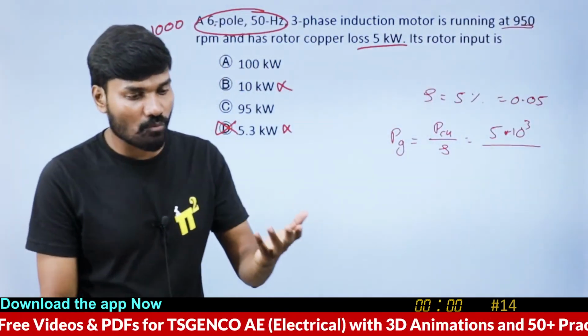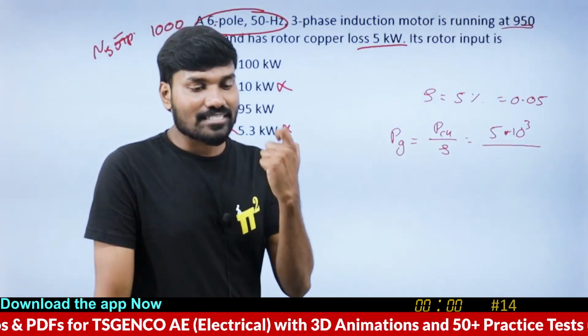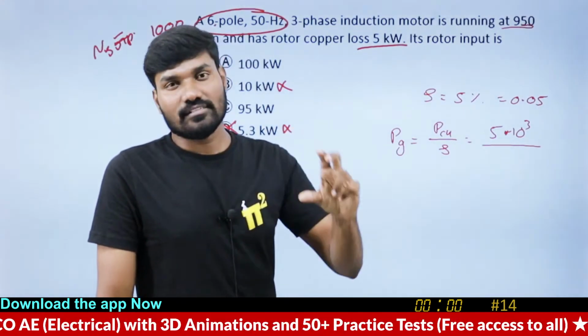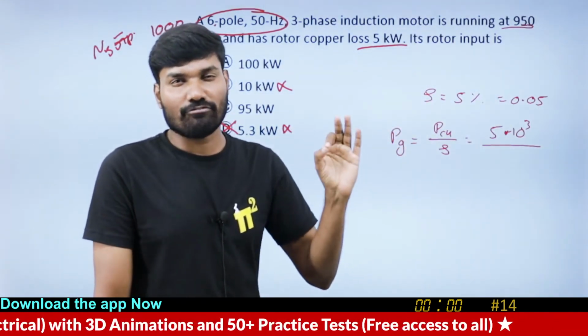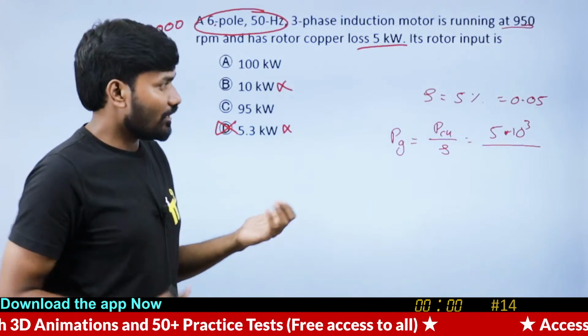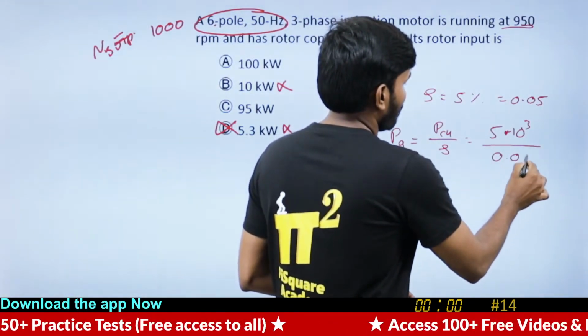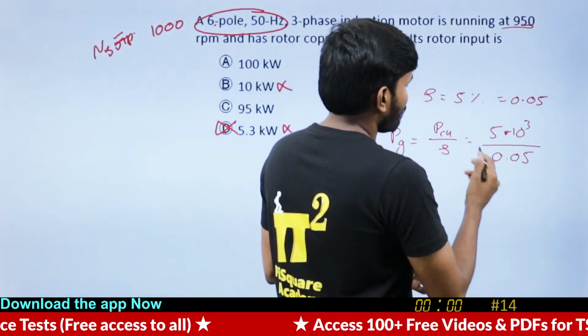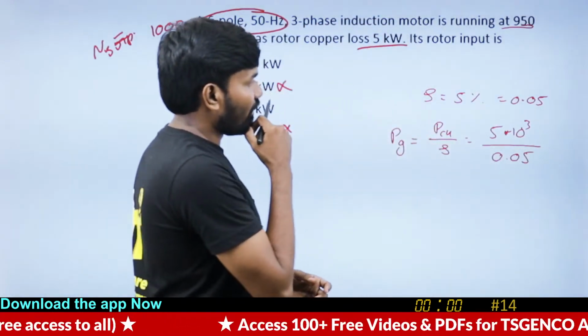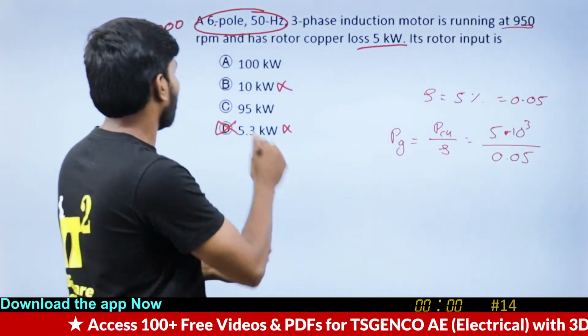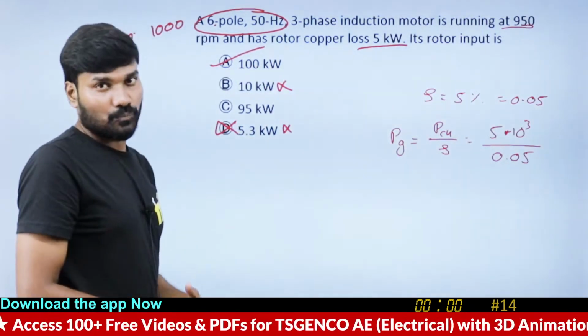So if you're also one of them, first accept that yes, I too don't know, then study that, just a matter of few minutes. Conversion from kilo to mega, all this stuff. And here it is 0.05. So 5 by 0.05 gives 100 into 10 power 3, so 100 kilo.